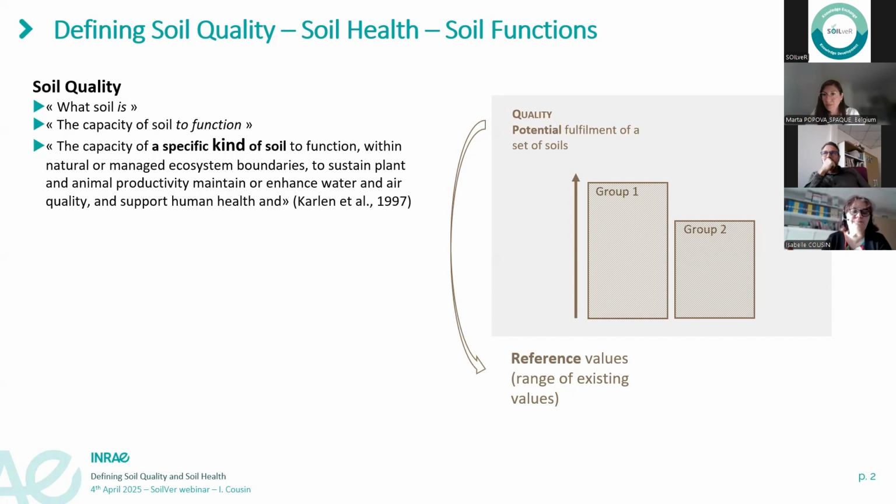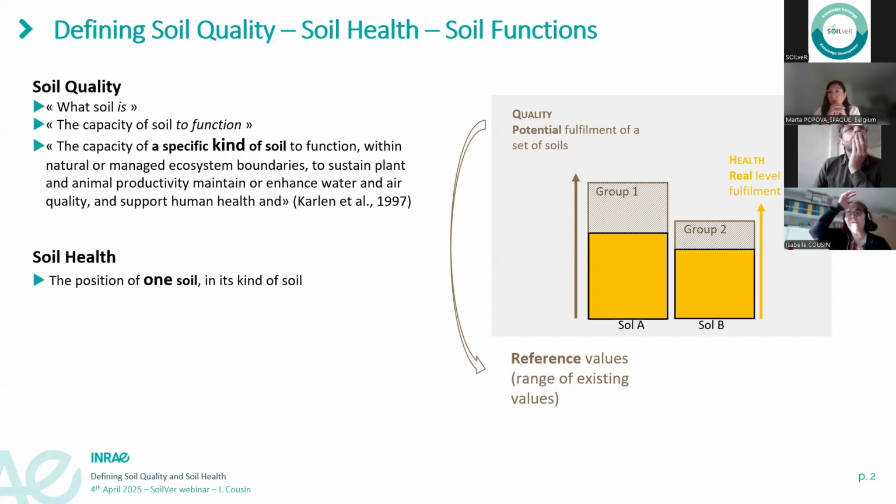And then if we look at the definition of soil health, the difference is that with soil health, we consider only one soil and the position of one soil in each kind of soil. So for example, let's now have a look on soil A and soil B. Soil A belongs to group 1 and soil B belongs to group 2, and the health is the real level of fulfillment of functions.